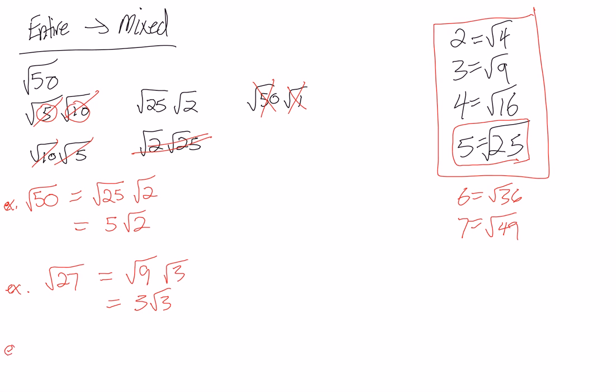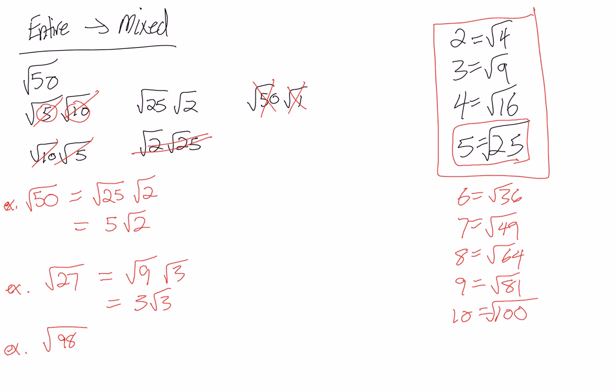Okay, so let's try another one. If I gave you the square root of 98, if we look at our chart, we'll keep going here. We've got 64, 9 would be 81, 10 would be 100.